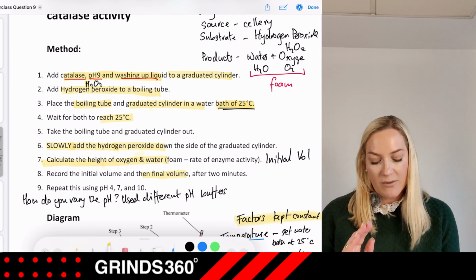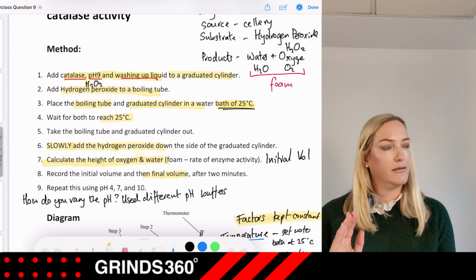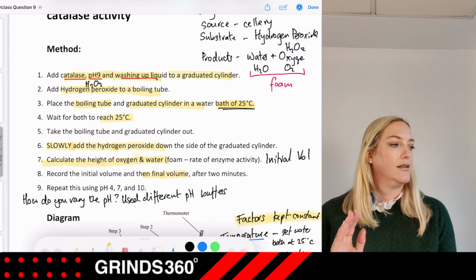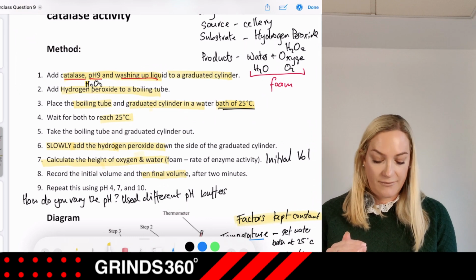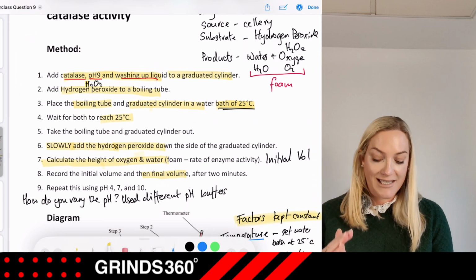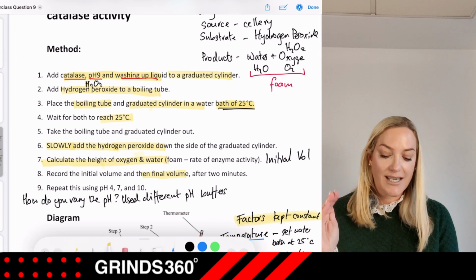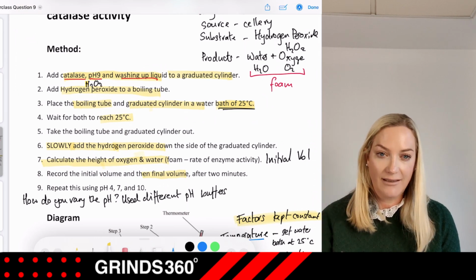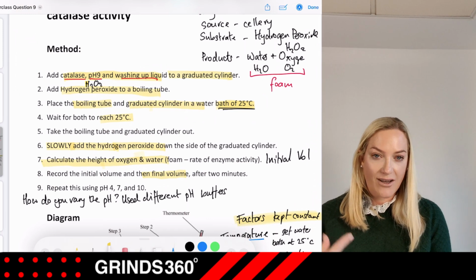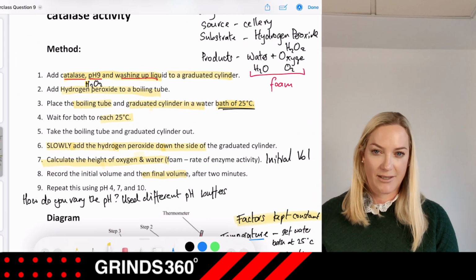Something similar was asked last year regarding DNA isolation, and the students had to add ethanol. What we were looking for is slowly add the ethanol down the side. If students said add the ethanol, they got 0. So slowly add the hydrogen peroxide down the side of the graduated cylinder.